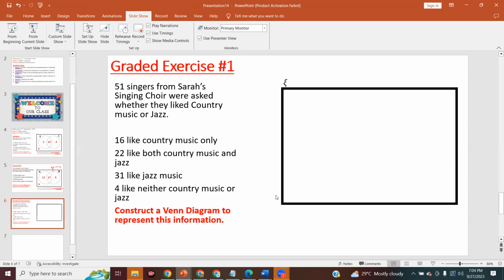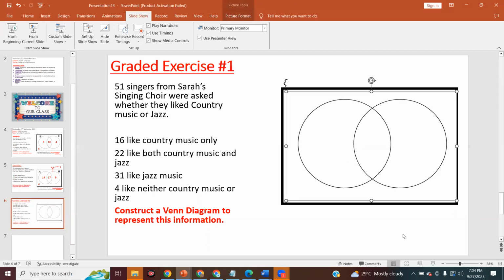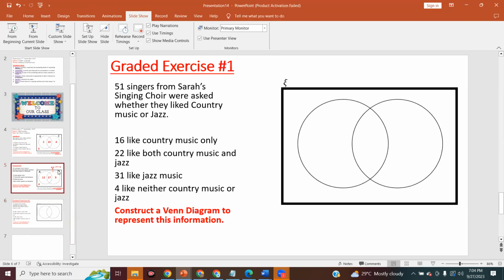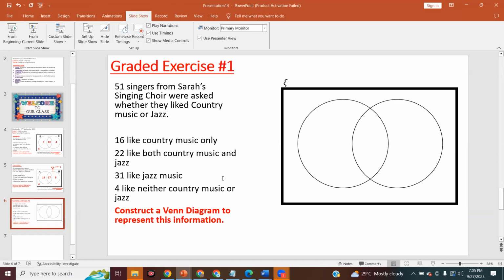Capital U. Capital U, very good. So we're going to use C for country music. We're going to use J for jazz.